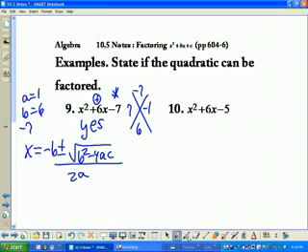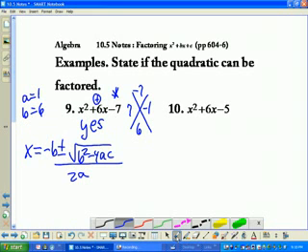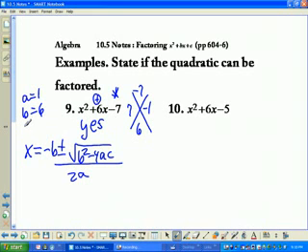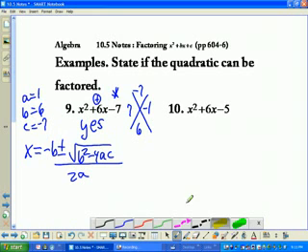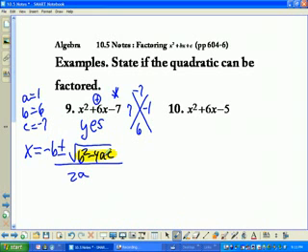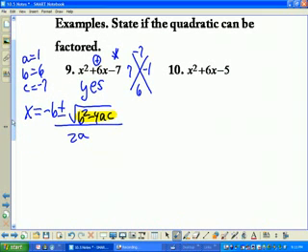Now, I'm not going to actually solve this because it's not an equation. It doesn't equal anything. What I'm really concerned with is the part we call the discriminant. And the discriminant is the part underneath the square root sign. B squared minus 4ac has to be a perfect square.